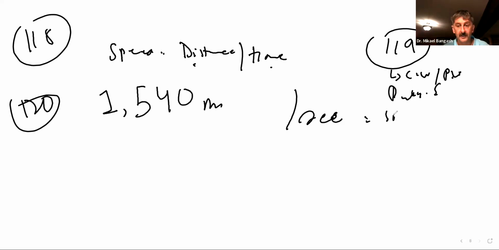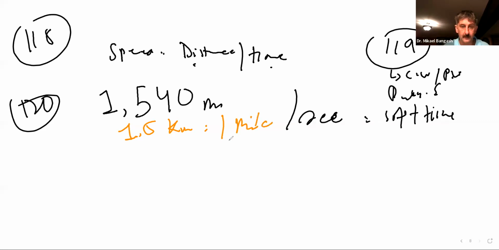They already specified the tissue here, soft tissue. And that 1,540 meters is approximately 1.5 kilometers, which is approximately one mile.